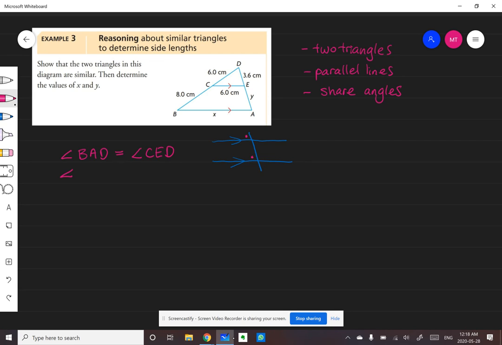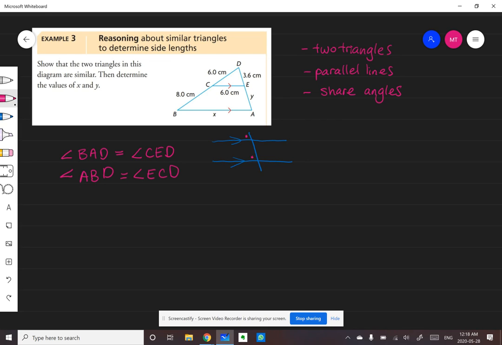I could say the bottom left angle, so ABD, would be equal to which one? ECD.